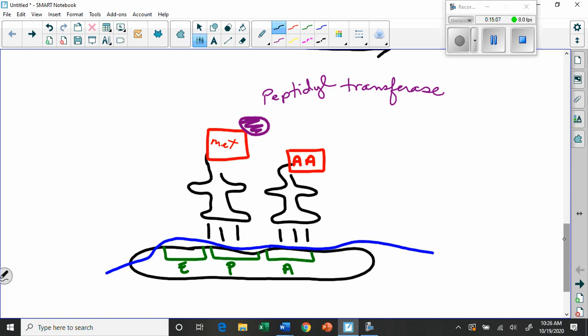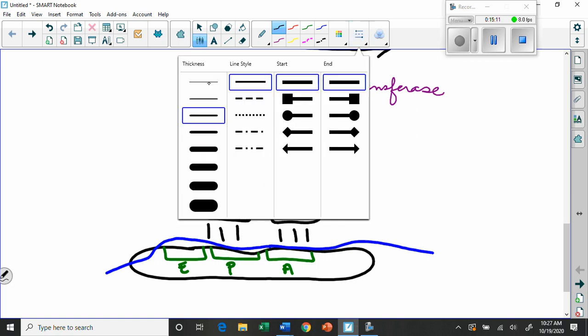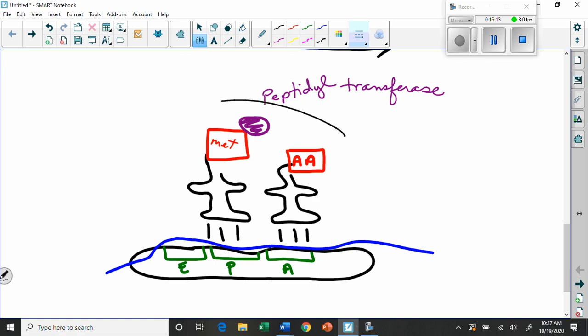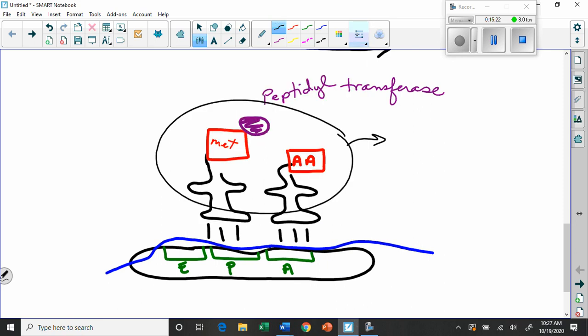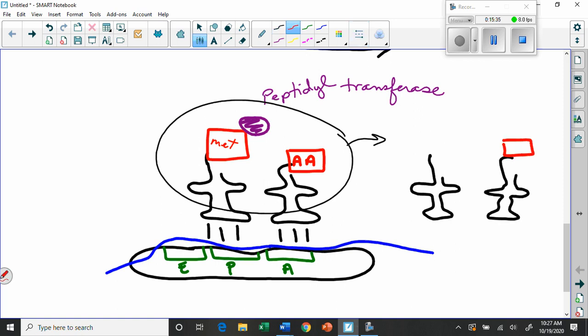Here's what I'll do. I'll take this section right here and draw it over here, after what happens, so we don't have to redraw the whole picture because it's just this section that's affected. So here's the first guy, and now here's the second guy, second transfer RNA, and his amino acid is still there, and it's attached now up here.